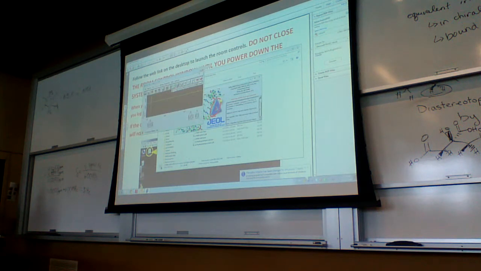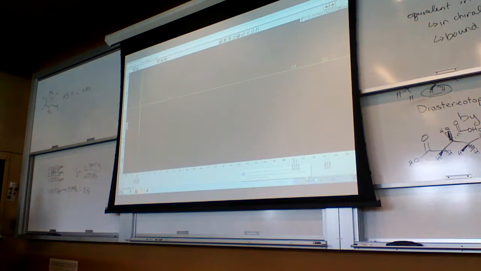So if we open up the spectrum, we actually did this kind of peak picking in the first lab. If you select the 2 peaks, oh wait, that's not what I want to do. I want to select multiple peaks.